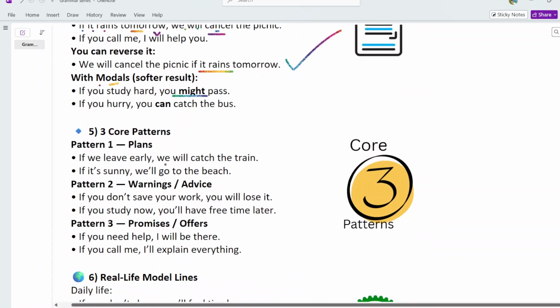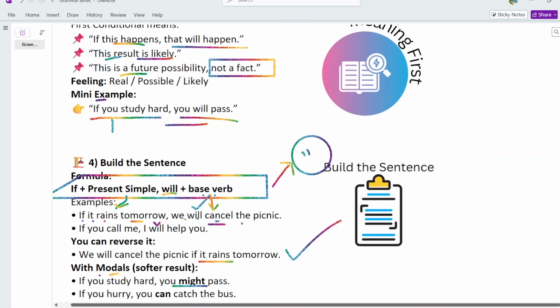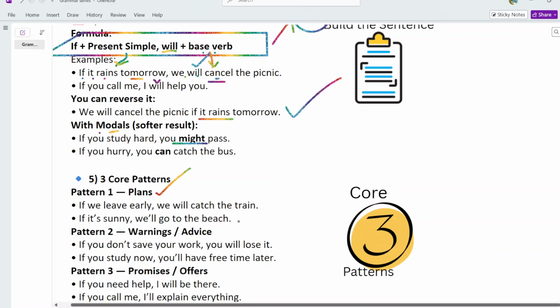Okay, very quickly, diving into the three core patterns for today. The first pattern deals with plans. How would you construct a sentence with the help of this builder form? When there is a certain plan in your mind, let's look at it.